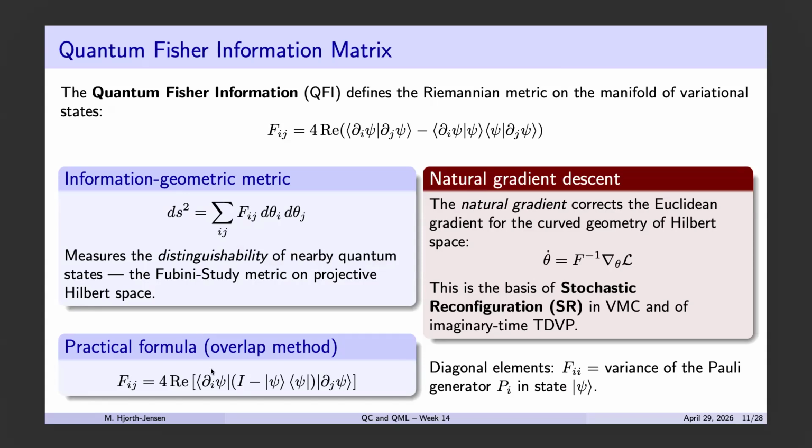And the practical formula which is often used when we calculate this quantum Fisher information is the formula which you see here. And that gives us a natural gradient when we look at the calculation and update of parameters here. So for those of you who are familiar with variational Monte Carlo calculation, this is actually called stochastic reconfiguration. These are details which we don't need to think so much of presently.